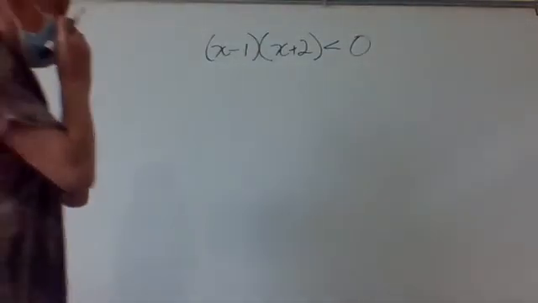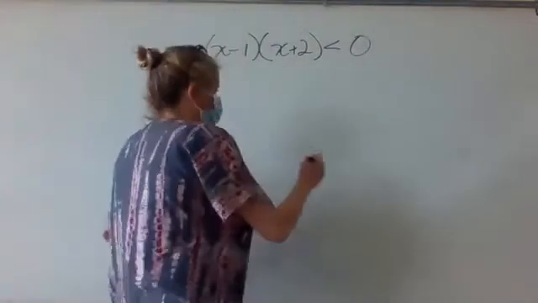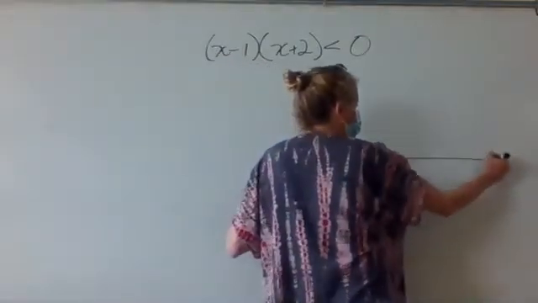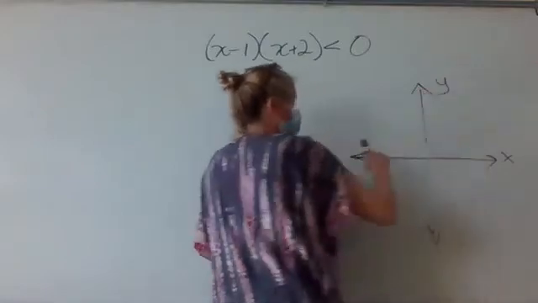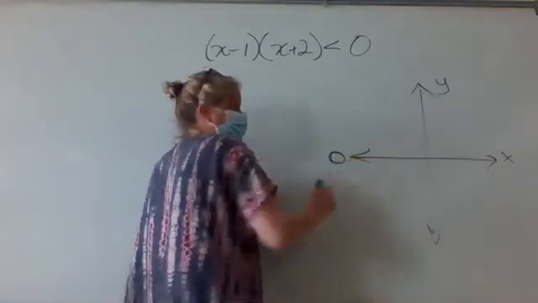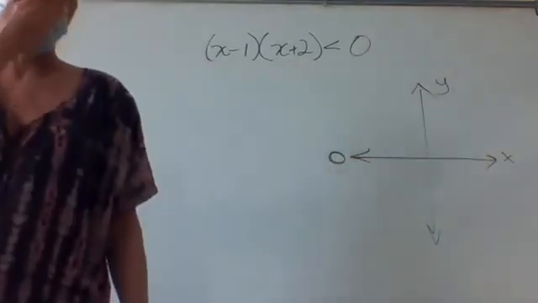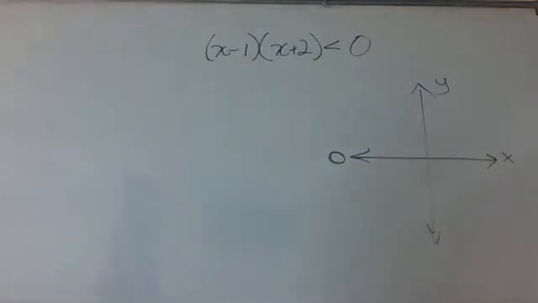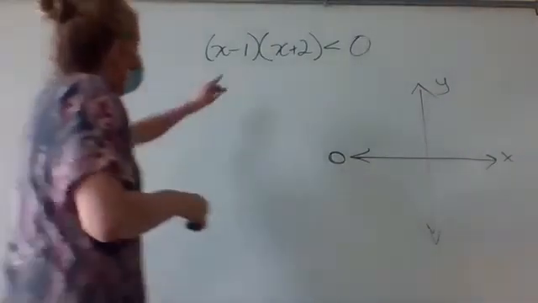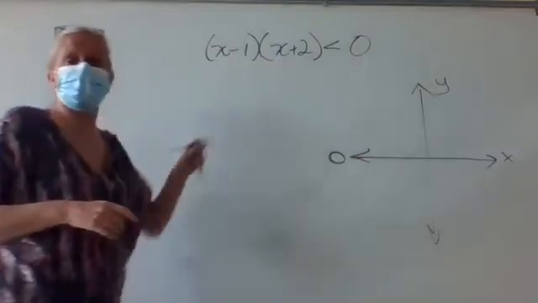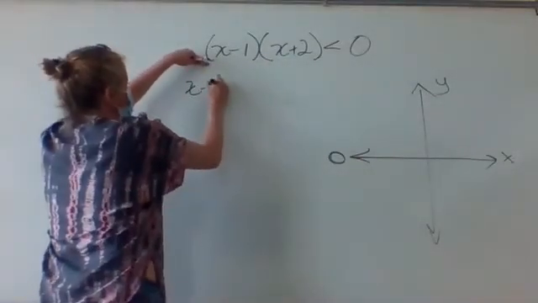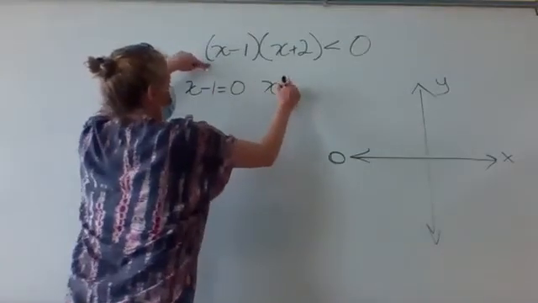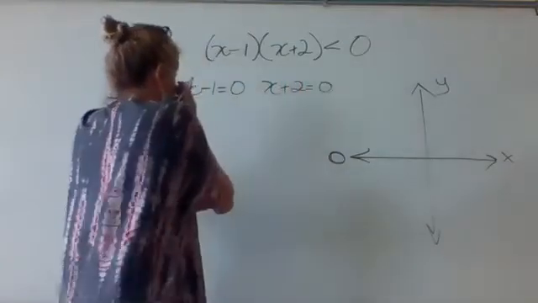Now remember, the two things that we were looking for were the x-intercepts of the graph, because the x-axis is what we're going to consider 0. Well, if I have factors, I can get pretty quickly to the x-intercepts, right? The x-intercepts just come from setting my factors equal to 0 and solving them for x.